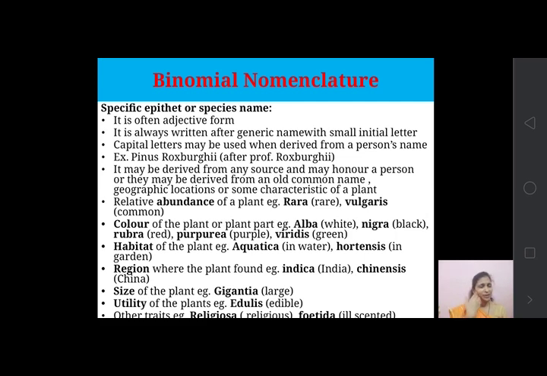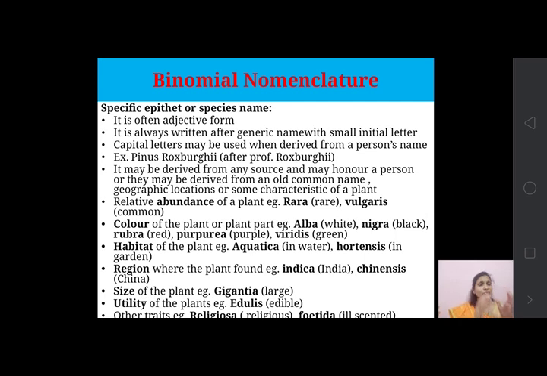The peepal plant and banyan trees are given the species name religiosa. Then fetida means ill scented. So this plant has an ill scented flower, hence they gave the name fetida.